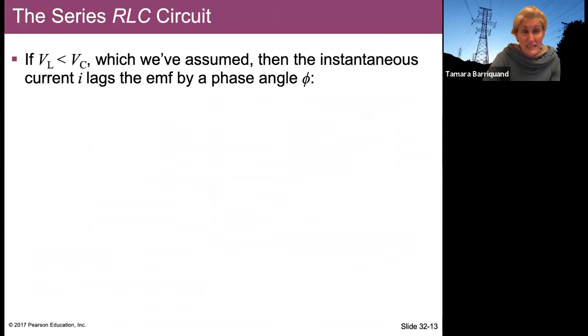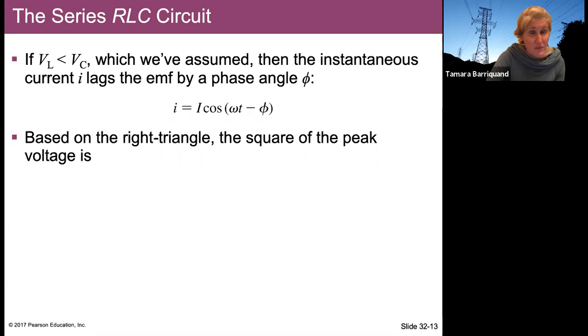So if VL is less than VC, which we've assumed, then the instantaneous current I lags the EMF by a phase angle, phi. So we can say that the instantaneous current I equals the peak current times cosine of omega t minus phi.